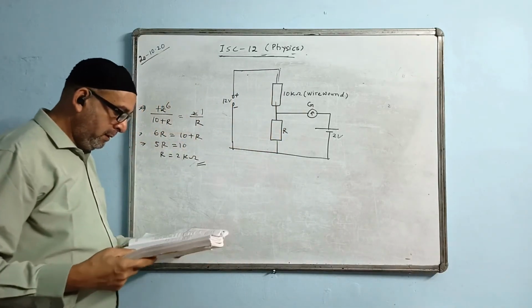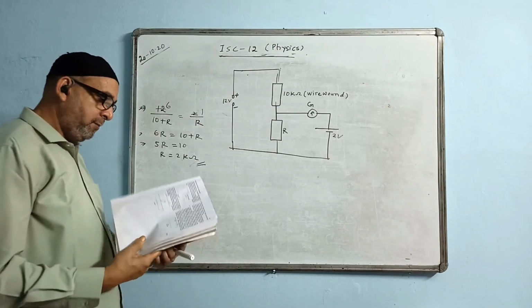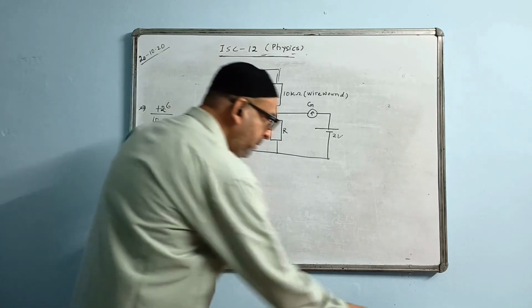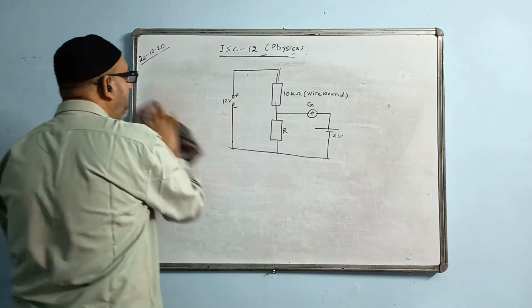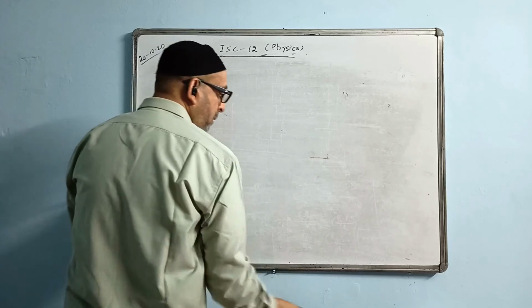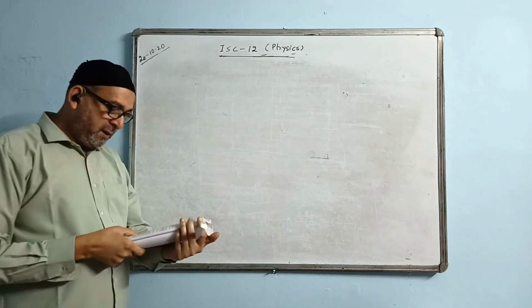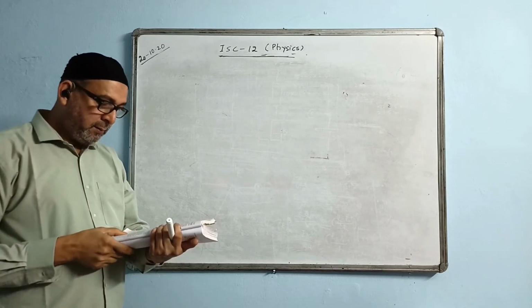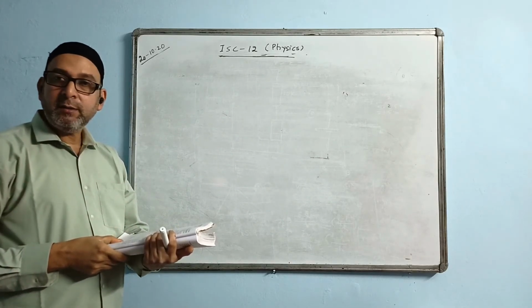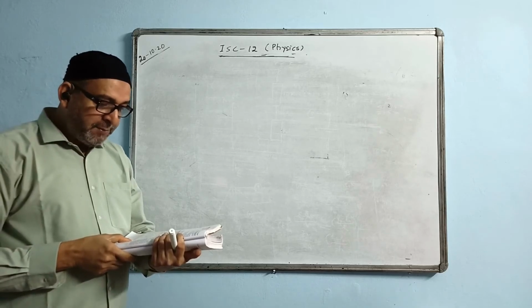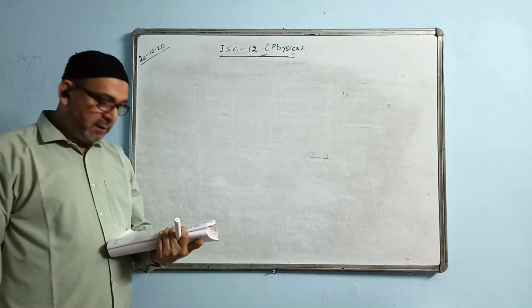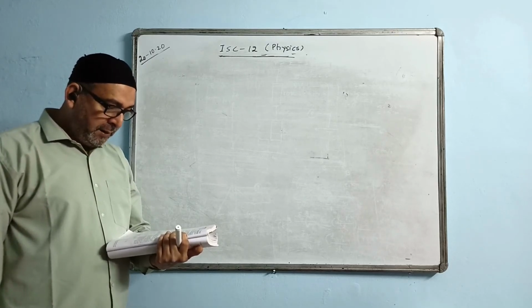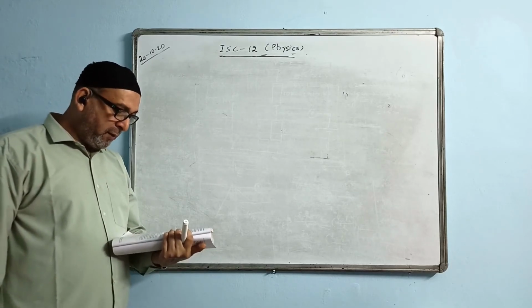Okay. Now we are doing another question. Question says, a cell gives a balance with 85 centimeter of a potentiometer wire.